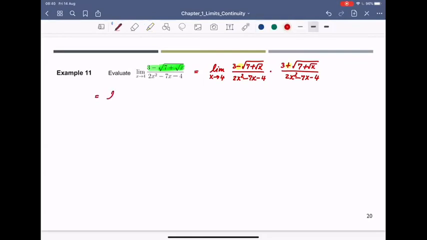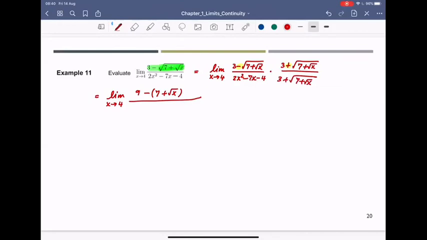Well, in the numerator, I have 9 minus 7 plus square root x, right? And then on the denominator, oh sorry, this thing must be 3 plus square root of 7 plus square root of x.